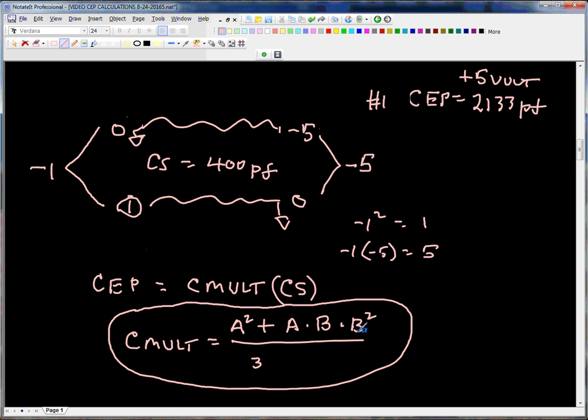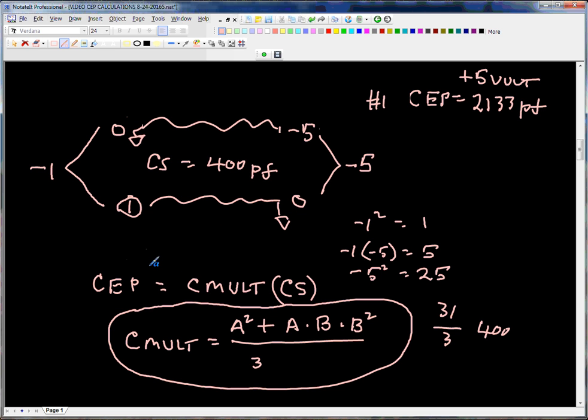And finally, minus 5 squared equals 25. So it's all of this, 25, 30, 31. It's 31 divided by 3 times 400 is CEP.